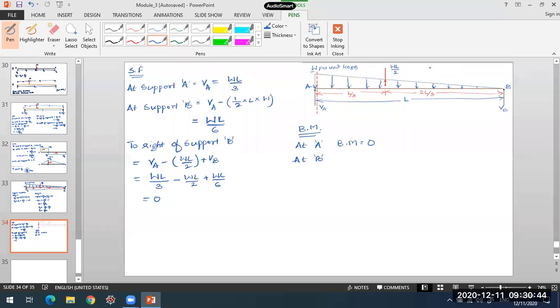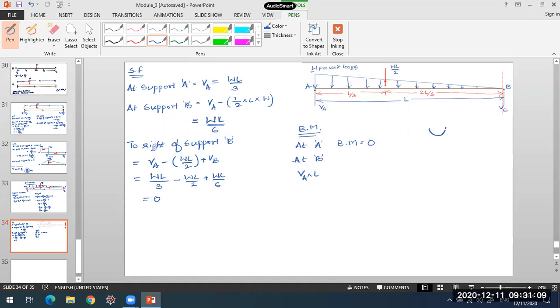So if I take left side forces when I come to point B, and consider all the forces to the left of the section and take their moment about point B, what happens in that case? It will be VA into L. This will have a clockwise moment.